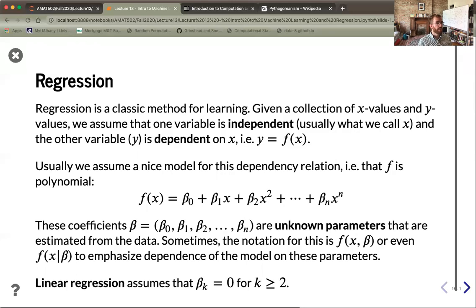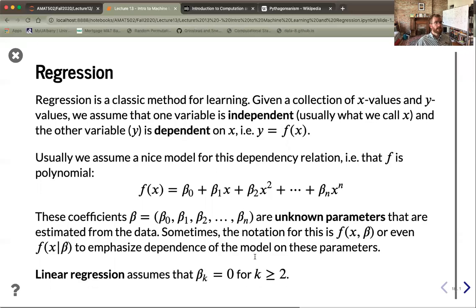And so a very nice model for modeling these kinds of dependency relations is to assume that f is a polynomial. What that means is that I can compute my values y using some linear combination of weights of x and possibly x raised to some power, such as x squared. These coefficients, these betas, are sometimes called the unknown parameters in our model.